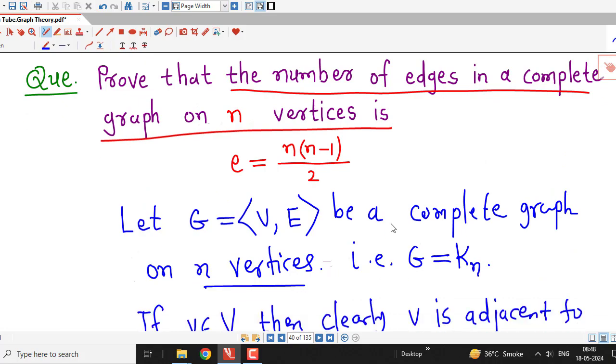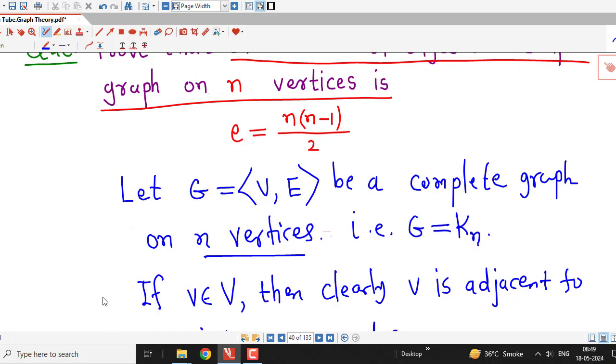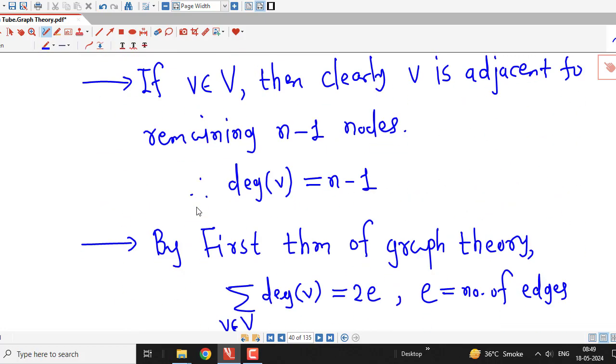So this is a very nice result. Using this result, you can check whether your constructed graph is complete or not. So this is all about this session. In this session, we have discussed the definition of a complete graph. A complete graph is a simple graph in which every vertex is joined by an edge to all other vertices.